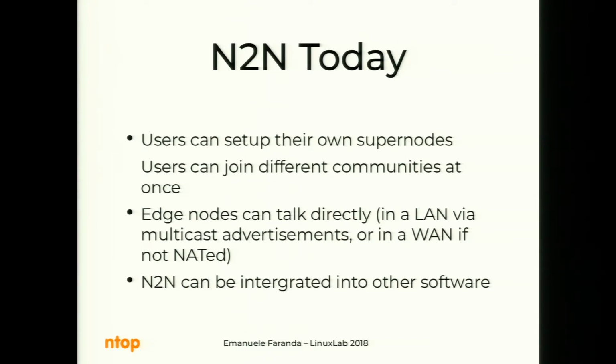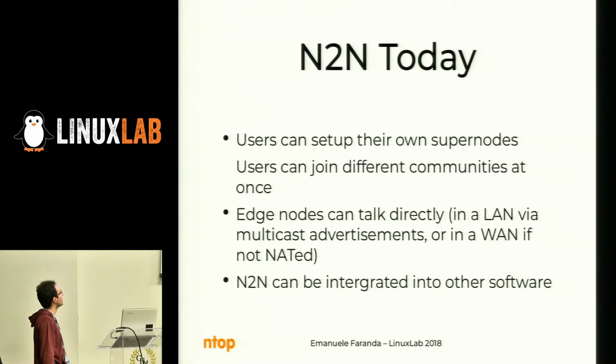And so with the code base today, you can set up your own supernodes. You can create your own networks and manage them as you wish. Users can join multiple communities at once. And as I said, if the two nodes are in a network setup, it depends on the NAT type, for example, if they can actually communicate together, they will bypass the supernode for talking.